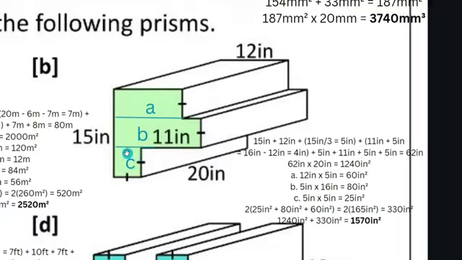Next, we'll be calculating C. We take 5" times 5", which equals 25" squared. Then we take 25" squared plus 80" squared plus 60" squared, which equals 165" squared. Then we times 2 because there are two faces, which equals 330" squared. 1240" squared plus 330" squared equals 1570" squared.